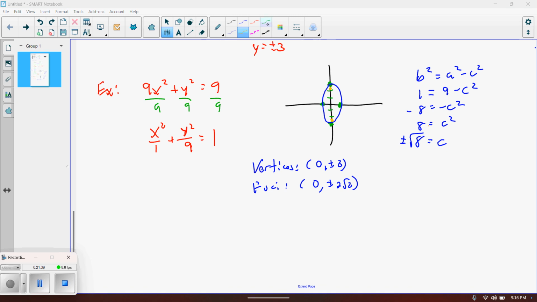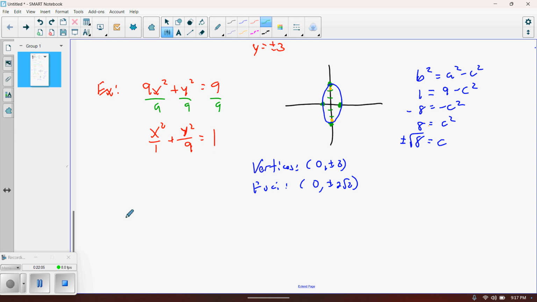All right, so now let's do one where we have shifted this thing off of the center being at the origin. So again, it's the same general form that we used when we talked about parabolas. Actually, let me give you the general form before we do the example.